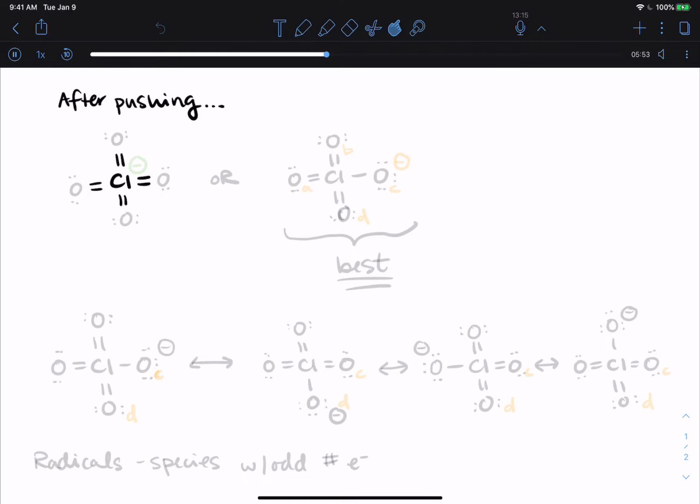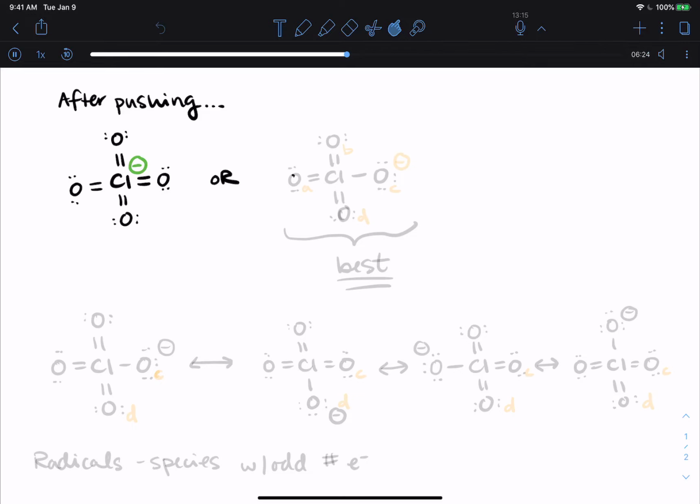If you push down a lone pair from every single oxygen to chlorine, you could make 4 double bonds here. Now, if you make 4 double bonds, you do still have the correct number of electrons. There are 32. But when you go through and calculate your formal charges, I'll put this in green, what you find is that all of your oxygens are 0 and chlorine is negative.